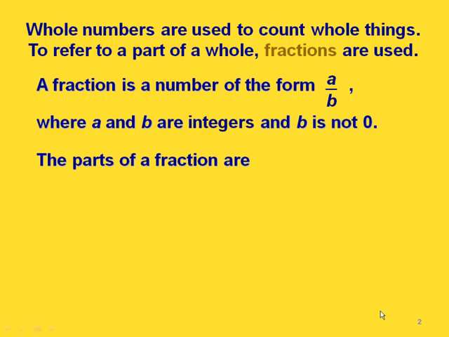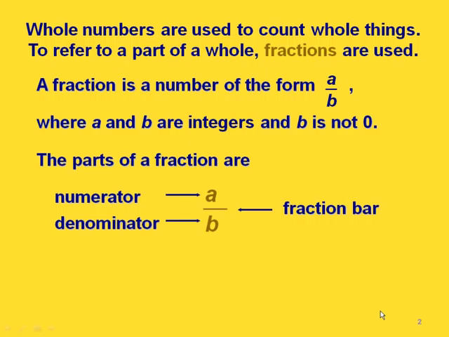And the parts of a fraction are the numerator on the top, or the a, the denominator on the bottom, or the b, and the line between them, the division line, is also called a fraction bar. So here are a couple of examples.